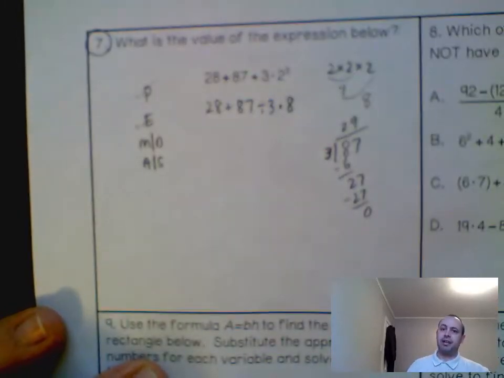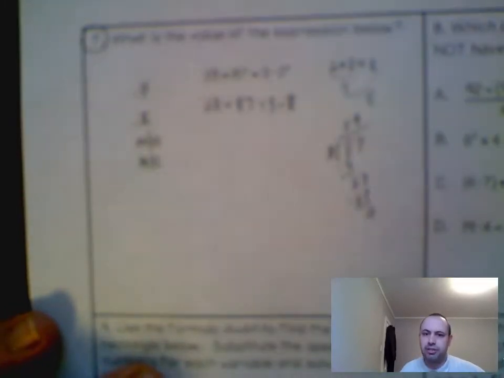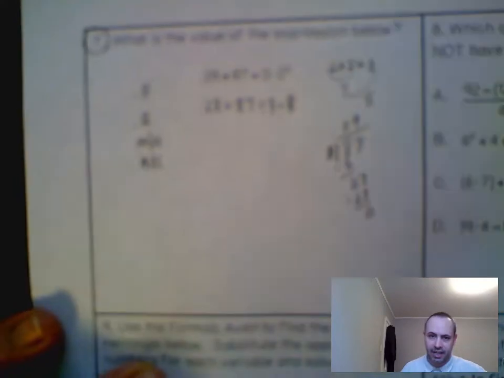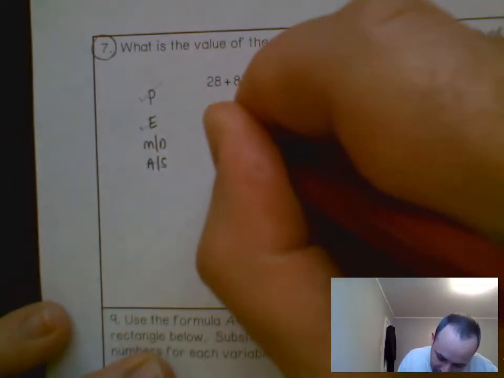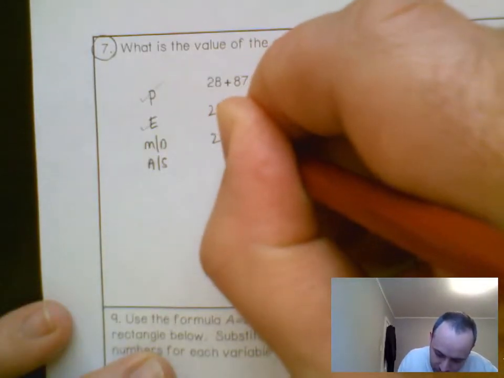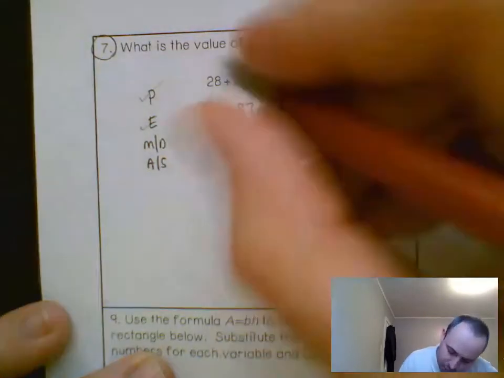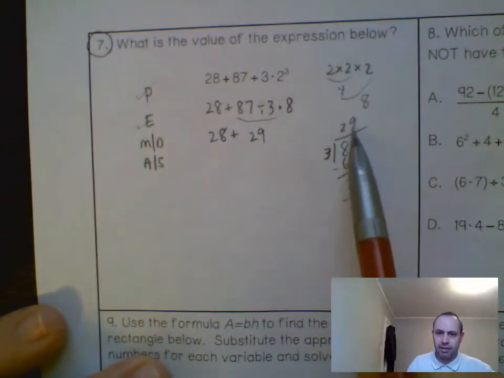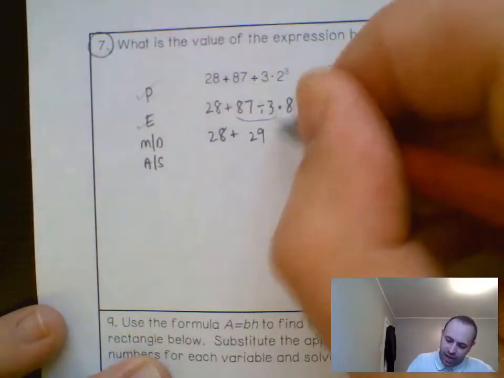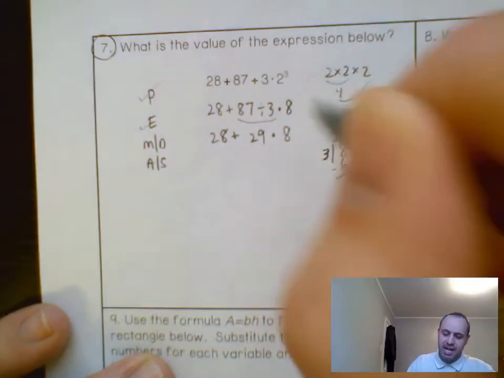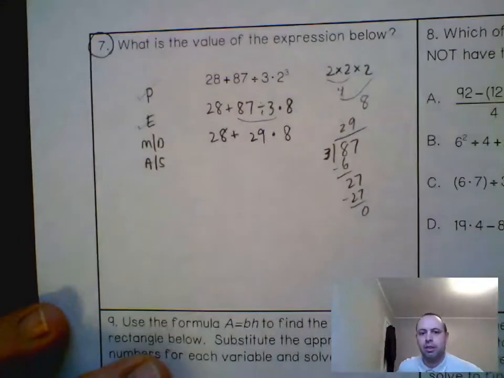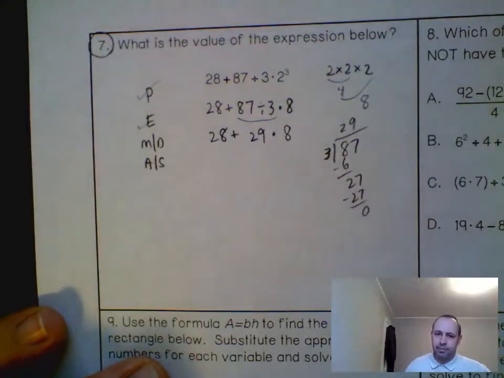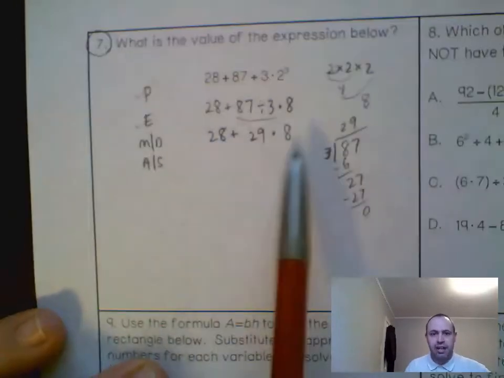And you can see that the number 3 goes into 87 29 times. So we'll copy down the 28, we'll copy down the plus. For this part here that we just did, we'll put the number 29, which is right here, right? Then we'll bring down our dot, and we'll bring down our 8. Okay, so our next step, there's no parentheses, no exponents.